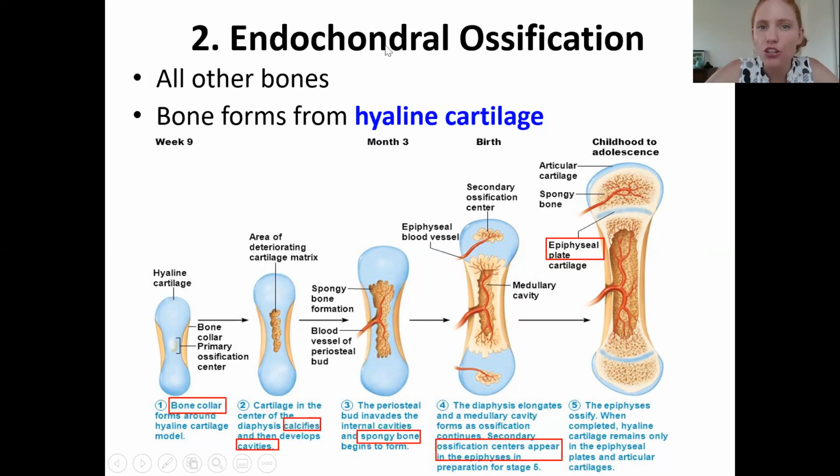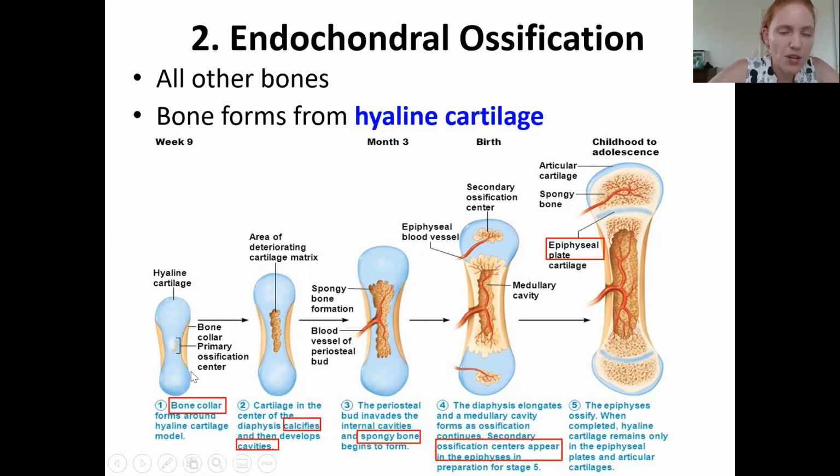Okay, so it's chondral ossification because that's related to making the hyaline cartilage first and then filling it in as bone, right? So you make a little mold, a little template using the hyaline cartilage, and then that's going to turn into bone. Okay, so again, this is all of the other bones besides those skull bones and the clavicles there. So here's how we have.